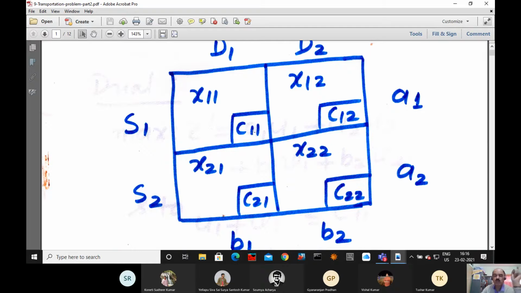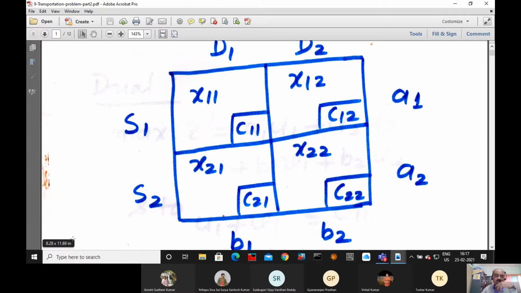If you are transporting 1 unit of good from source 1 to destination 1, the transportation cost is C11. Similarly, if you are transporting 1 unit of good from source 1 to destination 2, the transportation cost is C12.